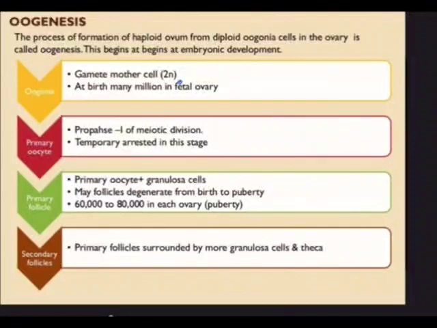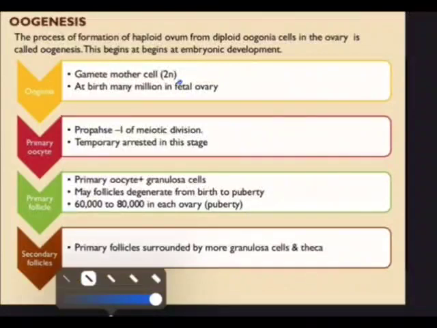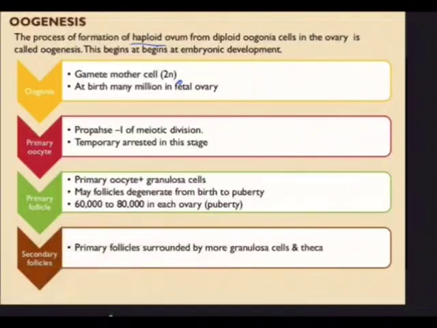Now, in this session, we are going to talk about the female gamete, that is, the ovum, how a functional ovum gets generated, the process of formation of the haploid ovum. Look at that, haploid. What do you mean by that? Try to recollect. Ploidy means set of chromosomes. Haploid means half.